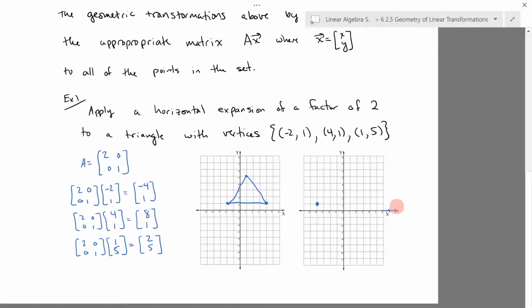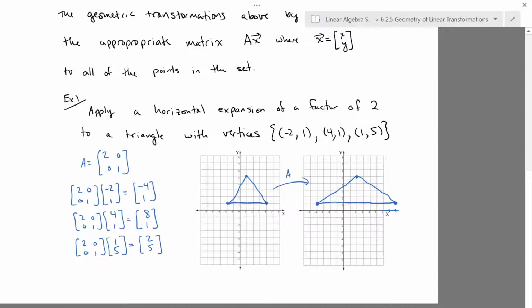So 8, 1 is about here, and then 2, 5 is here. So what we see is this transformation by this matrix A transforms this triangle into this triangle.